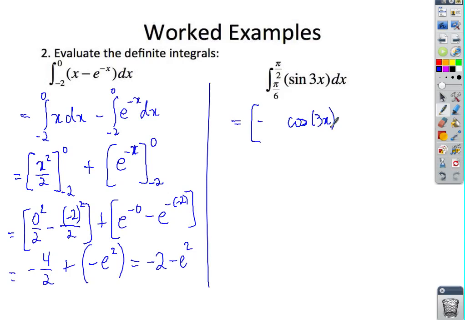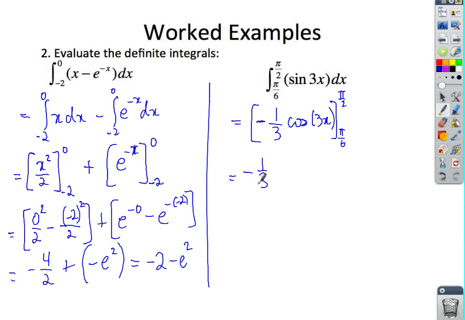And again, because 3x is linear, we need to divide by the coefficient of x in front. And then we put on our boundaries of integration, pi over 6 and pi over 2, like that, lower and upper. And now we can substitute in our values. One thing that we can do here, it's a property that I'll show you on the next slide actually, is you can take out any constant.